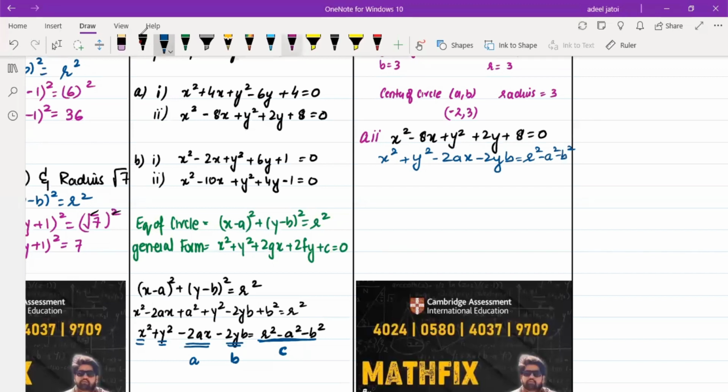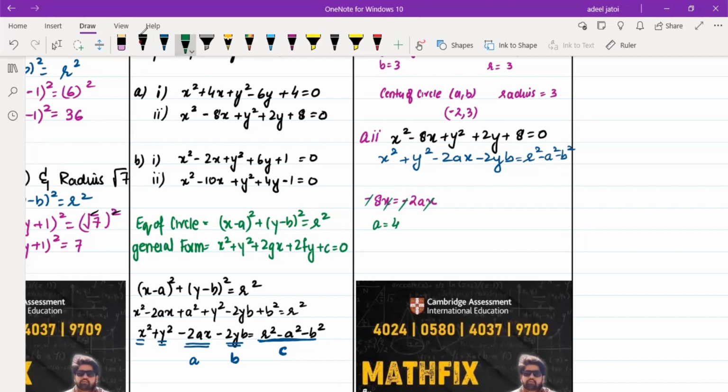Now if we compare, we compare x with x. So minus 8x is compared to minus 2ax. Minus minus is cancelled, x and x are cancelled. So the a value becomes 4.